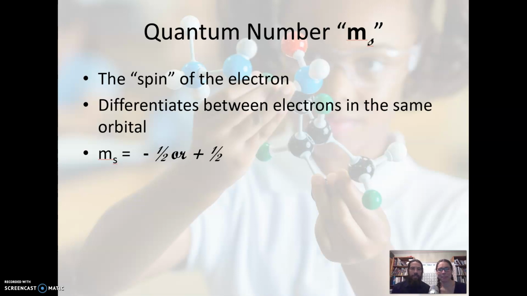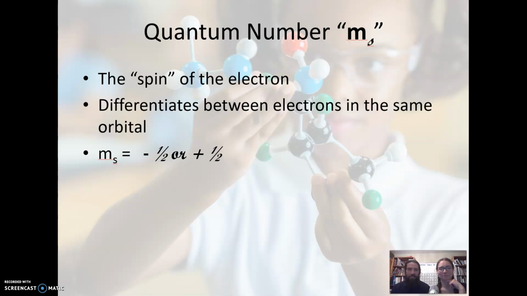This is m sub s, and this is the spin of the electron. It turns out that electrons actually generate a magnetic field. If you think about a magnet, it has a magnetic north pole and a south pole. There are 2 different spins an electron can have, so we designate this with +1/2 and -1/2.